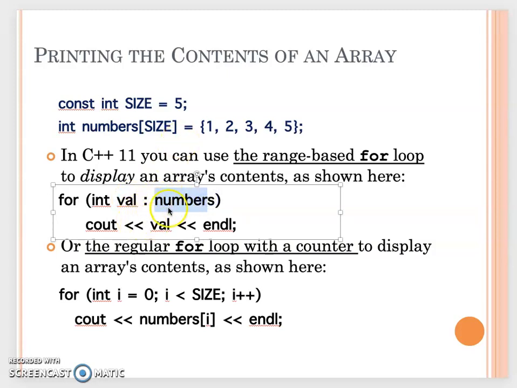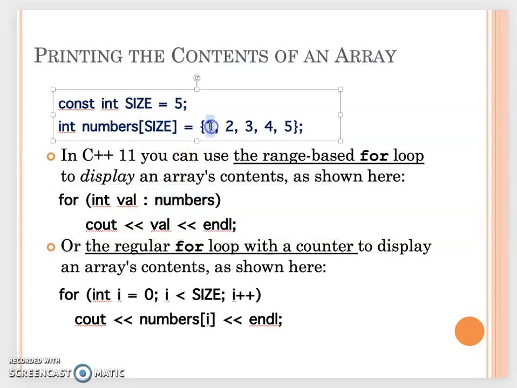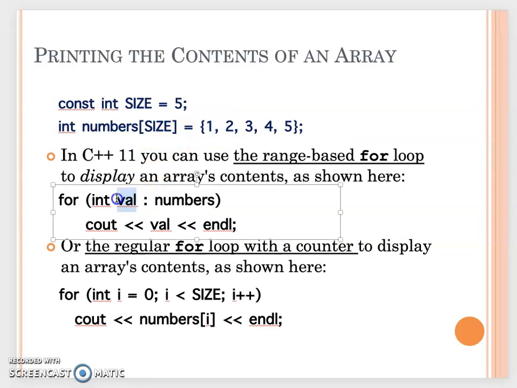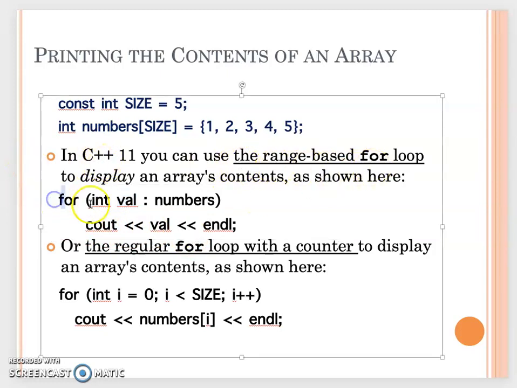In each iteration, we copy each element from the array to the val variable, so then we can display the val value one by one. This is using a range-based for loop to display the content of the array.